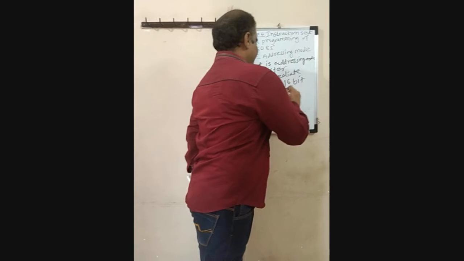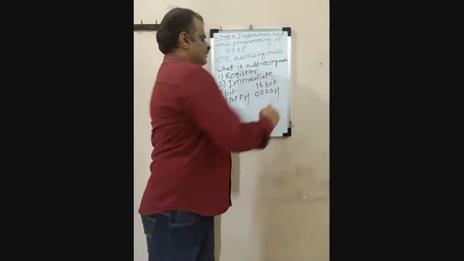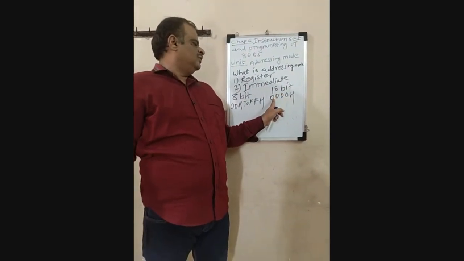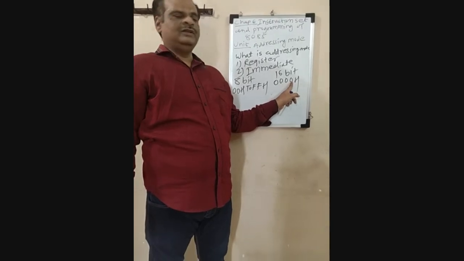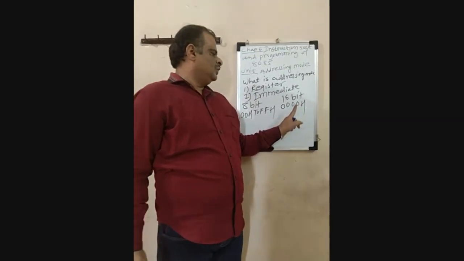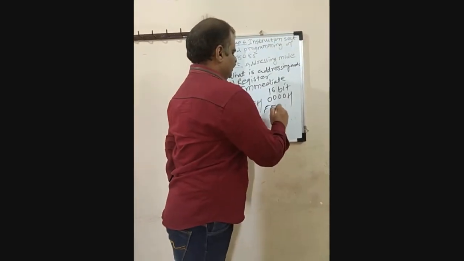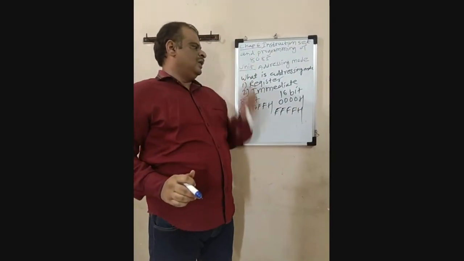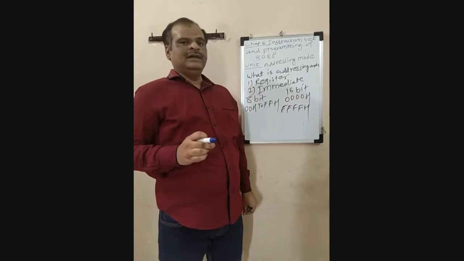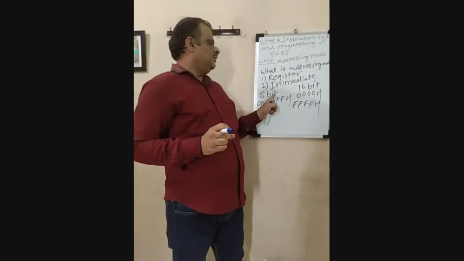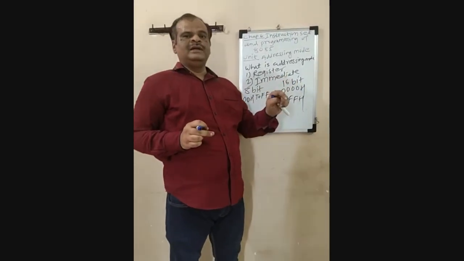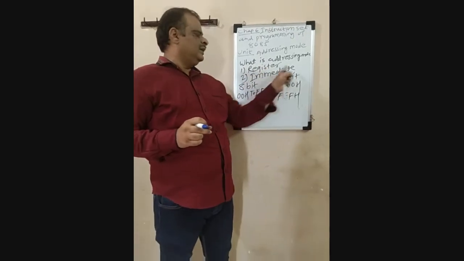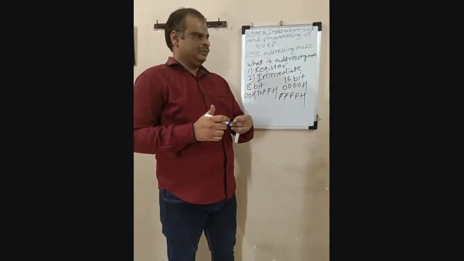It is 4 hexadecimal digits, such as 0000H to FFFFH, and is called 16-bit immediate data. Either 8-bit data or 16-bit data is used as one operand in immediate addressing mode.